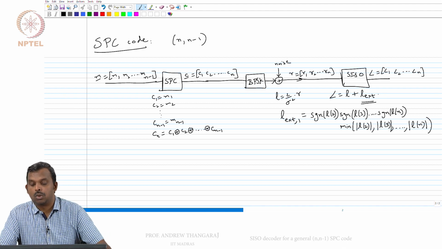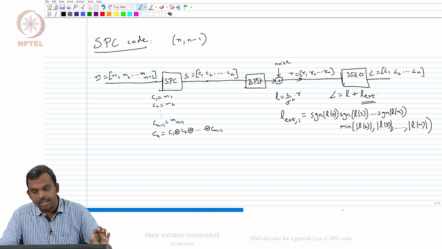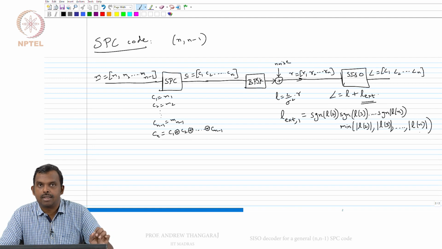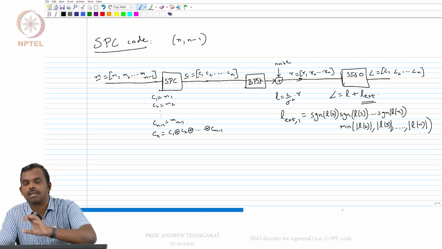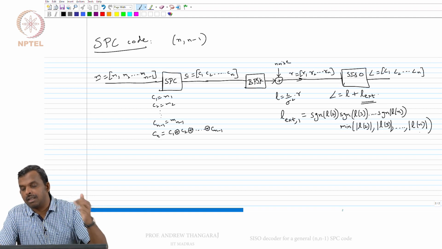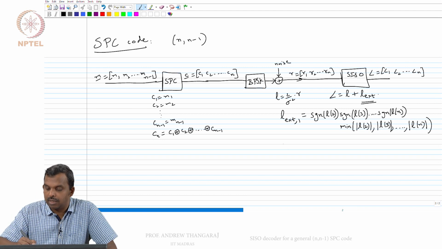Just like we had for (3,2) for the first extrinsic, we took all the remaining values, multiplied their signs, and took the min of the absolute values. Likewise, when you have (n, n-1), for the extrinsic value for the first bit, you simply take the remaining LLRs, multiply their signs, and take the minimum of the absolute values. So, this is Lext 1.